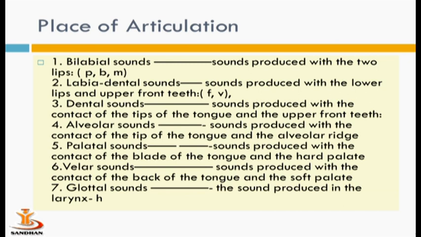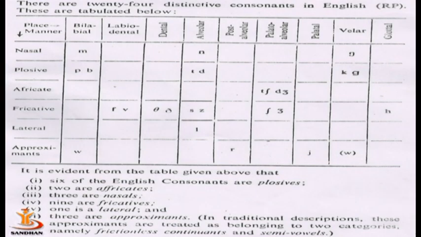Alveolar sounds produced with the contact of the tip of the tongue and the alveolar ridge. Palatal sounds, velar sounds, glottal sounds, right? So you've got a description of all the sounds from the place of articulation. What you need to do is to remember this chart.